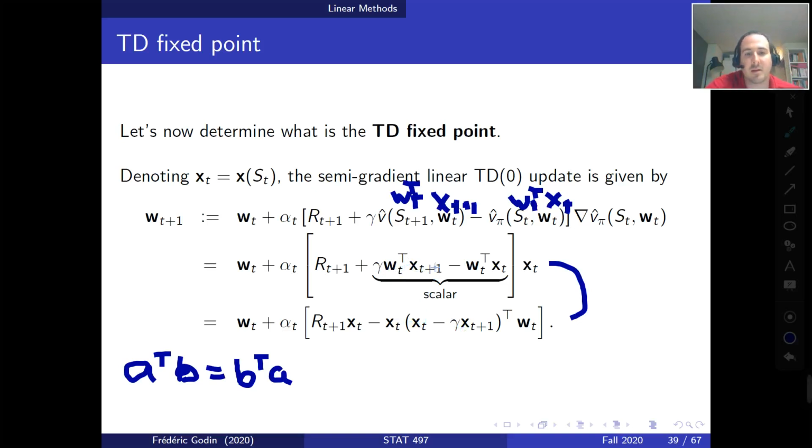By doing that, we can factor out the w at the right, and factor in the x_t in this equation.